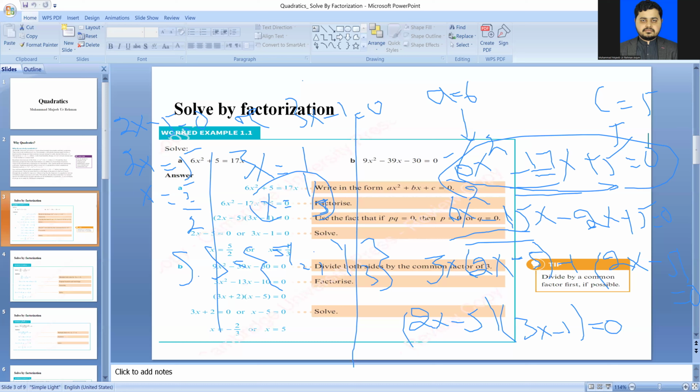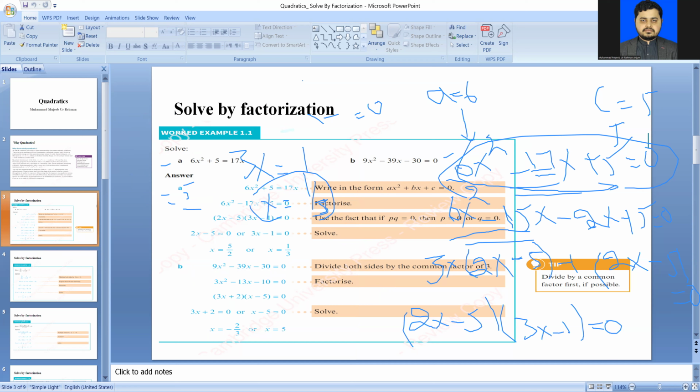I hope now you are clearer on how to solve quadratic equations using the factorization method.